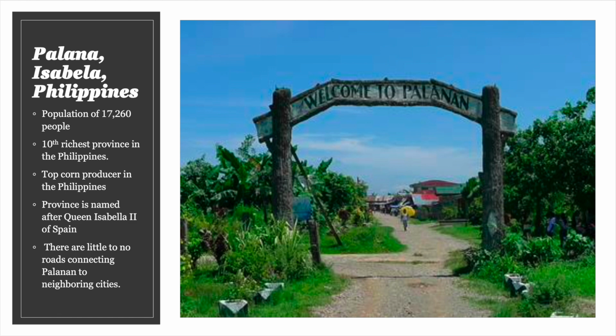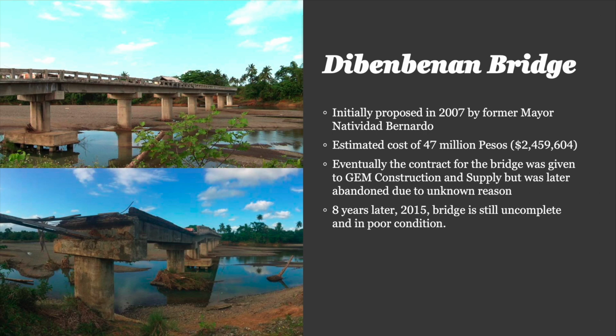One of the things about the city is it's very rural, and there are little to no roads connecting Palanan to neighboring cities. So when they built this bridge, the Dibenin Bridge, I'm not sure if I got the pronunciation right, it was something that the folks were really looking forward to, because what you see here is like the arroyos that we have in San Angelo, Texas.